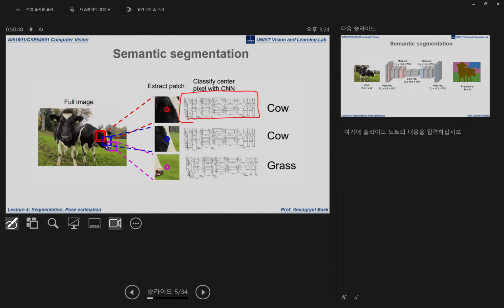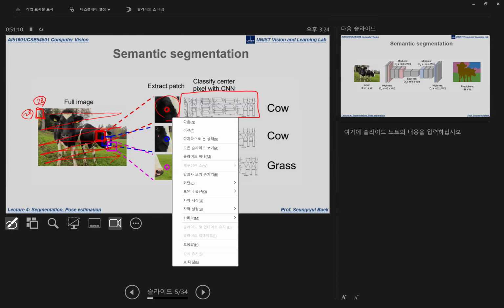We can make small-sized windows, and apply a sliding window approach over the overall image using this small window.